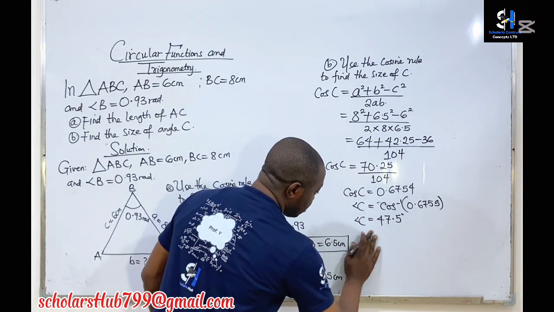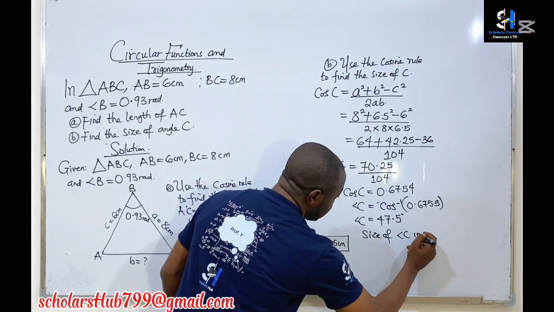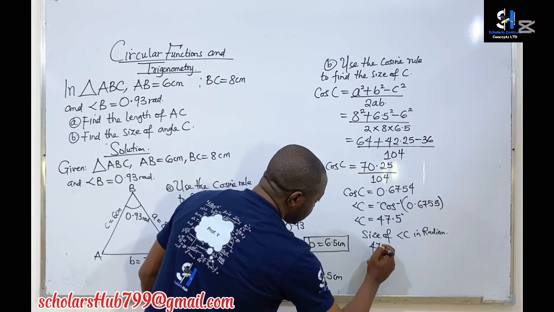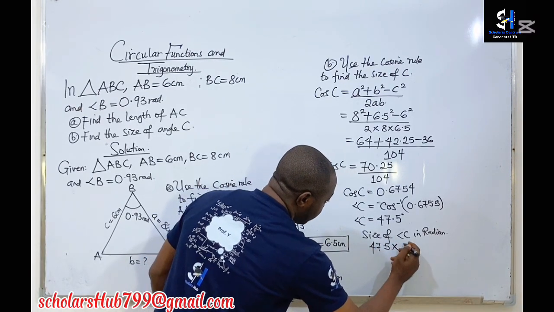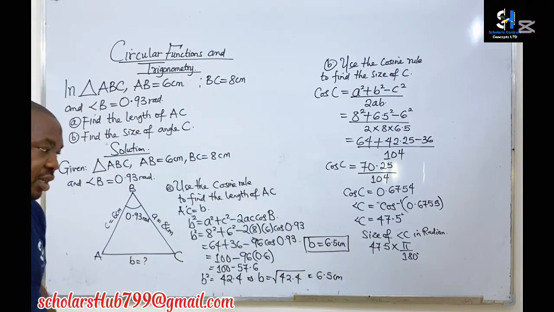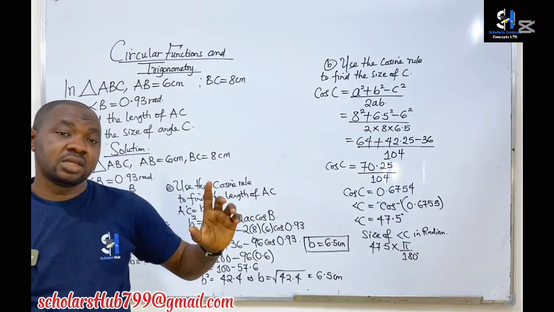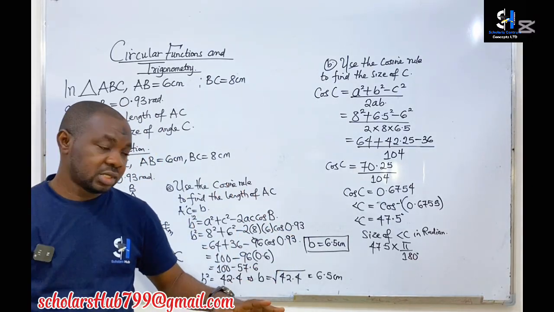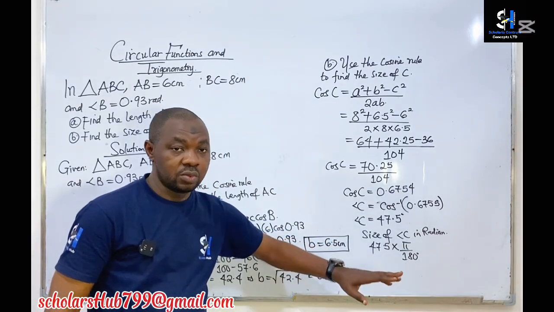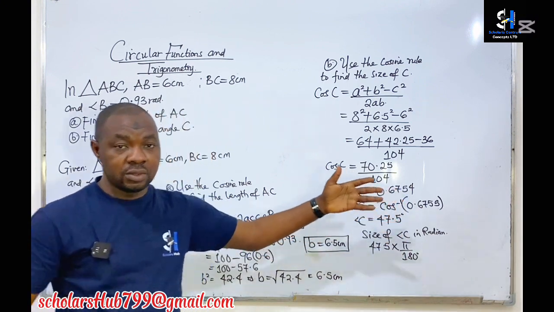So we use the radian-degree conversion formula. So the size of angle C in radians will be 47.5 multiplied by pi over 180 degrees. Let's be very careful in this case. Of course, we know that pi radians equals 180 degrees. And let's not conclude that this will be 180 divided by 180. No. So we are going to write the value of pi, which is 3.142.